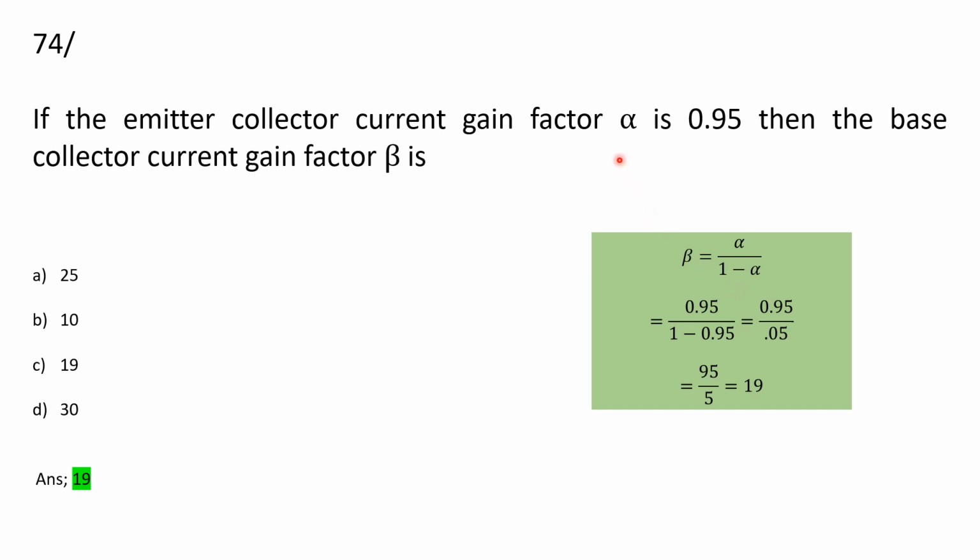Here it has been given that alpha is equal to 0.95. So by putting the value here, we can find it as 0.95 by 0.05, which will be equal to 95 by 5, and the result will be 19. So here option C, that is 19, is the correct answer.